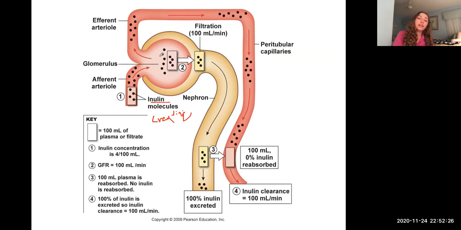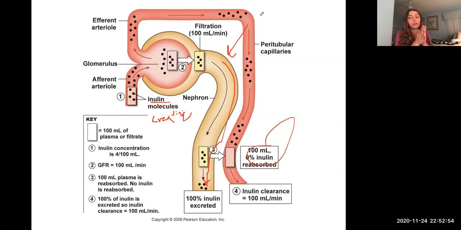And so inulin goes through and gets filtered 100%. And it's not secreted, and no inulin is reabsorbed, because there's nothing our body is making to put it back in.